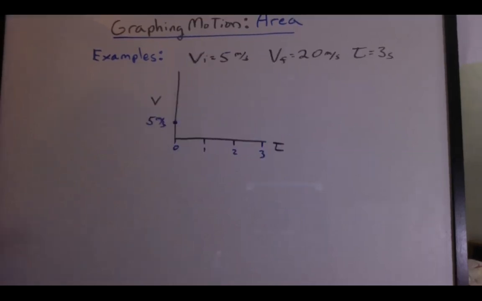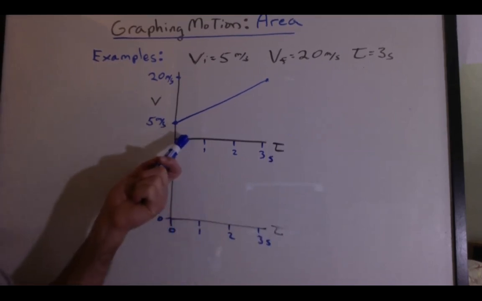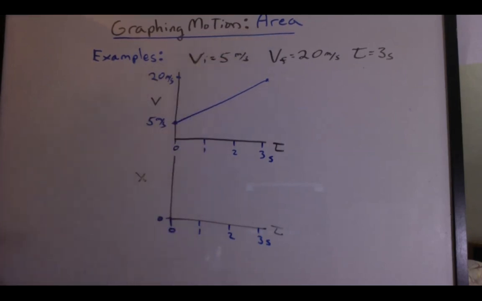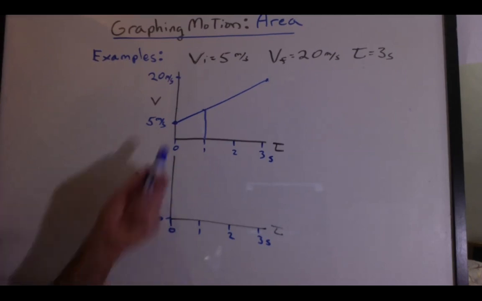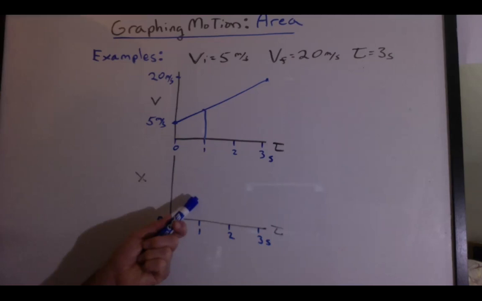So we're going to start at 5 meters per second. We're going to reach 20 meters per second in 3 seconds. Now, how am I going to get a position versus time graph? By looking at this graph. Yeah, it's the area, but we're going to break it up and see what happens. I want to know how far I went in the first second so I can plot a point down here.